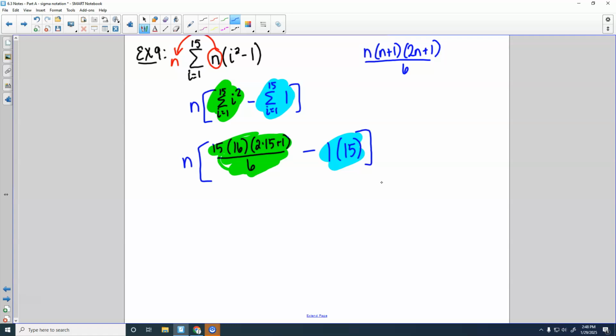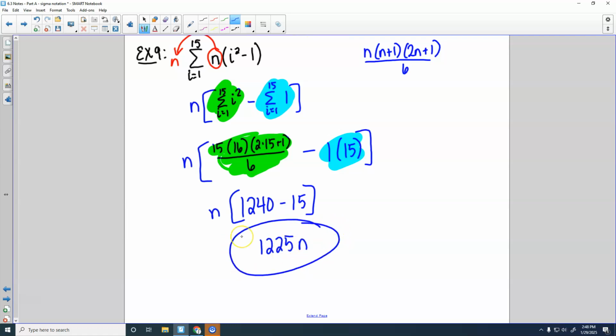Divide that by 6. We're going to get 1,240 for this part, minus our 15. N is still out front. And if you subtract that 15, you'll get 1,225. And then you'll have the n there. So that would be our answer for that.